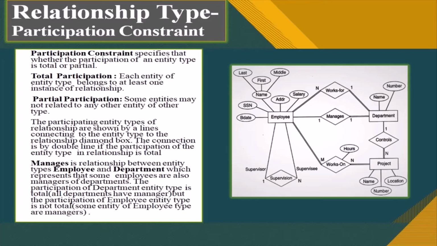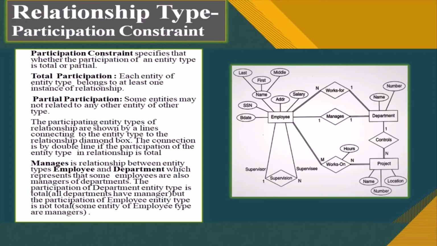Partial participation: some entities may not be related to any entity of the other type, and it is represented by a single line or thin line. The participating entity types of a relationship are shown by the lines connecting the entity type to the relationship diamond box.